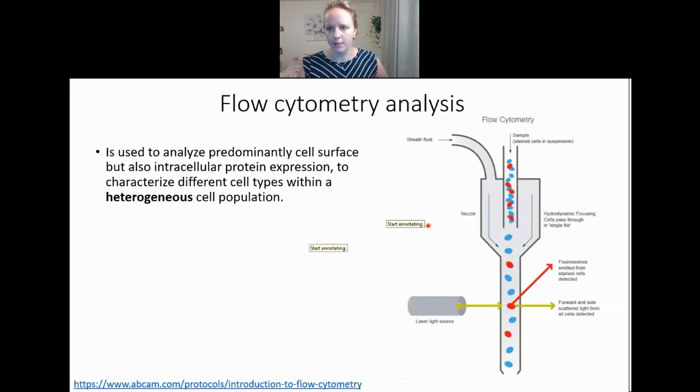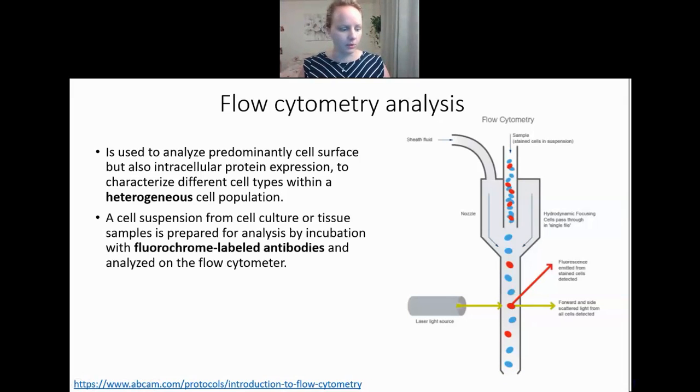So in this diagram here, you're putting your sample in, and you've got here basically blue and red cells, but you might have up to 8 or 9 different cell types, many more, all going through the flow cytometer.